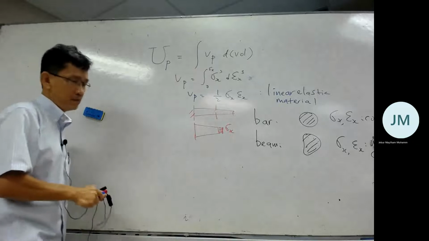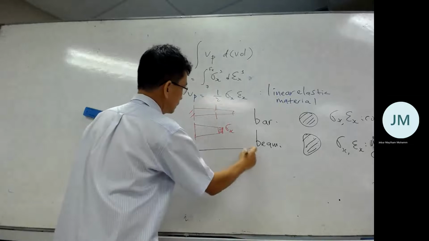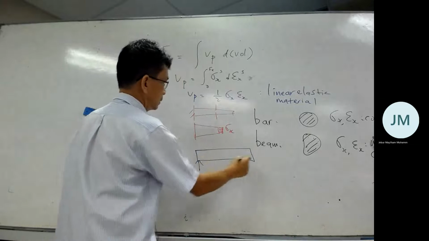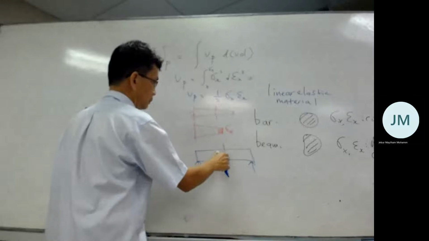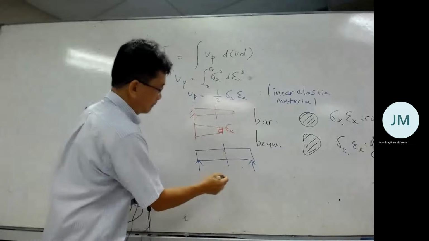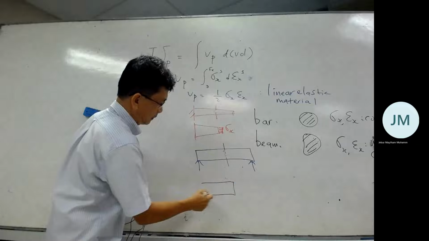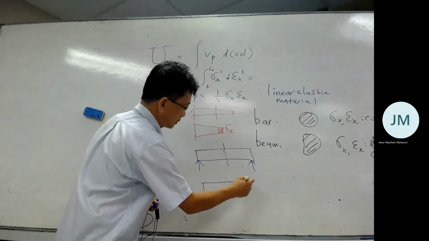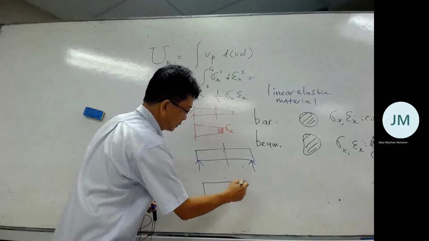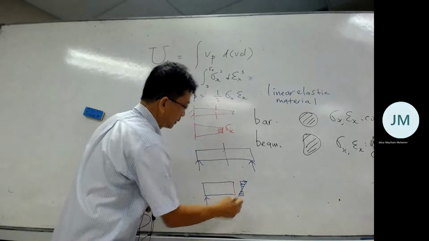Okay, for the case of beam, if you have a beam supported here, and it bends, and you look at the cross section here, then the stress and strain change in this way.